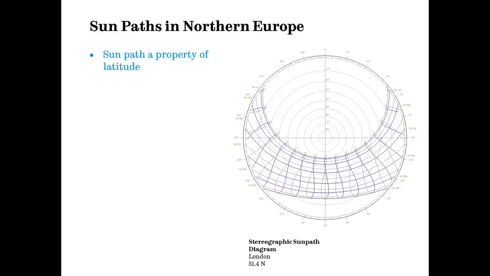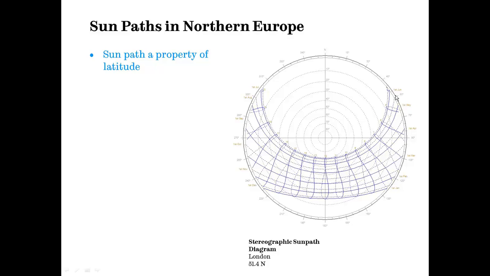And the diagram is a horizontal projection of what the sun is doing at any point. Okay. What you then have is lines that follow the path of the sun, and those lines are specific to dates, so times of the year.